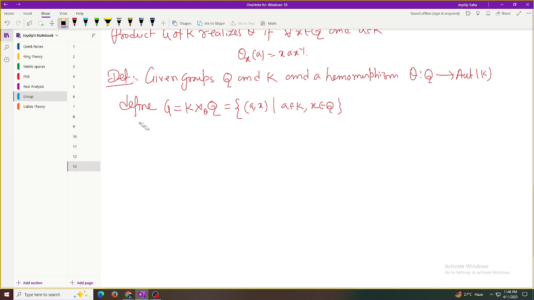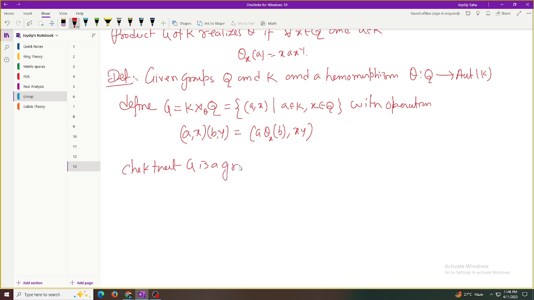Operation with theta. Check that it is a group. Theorem.